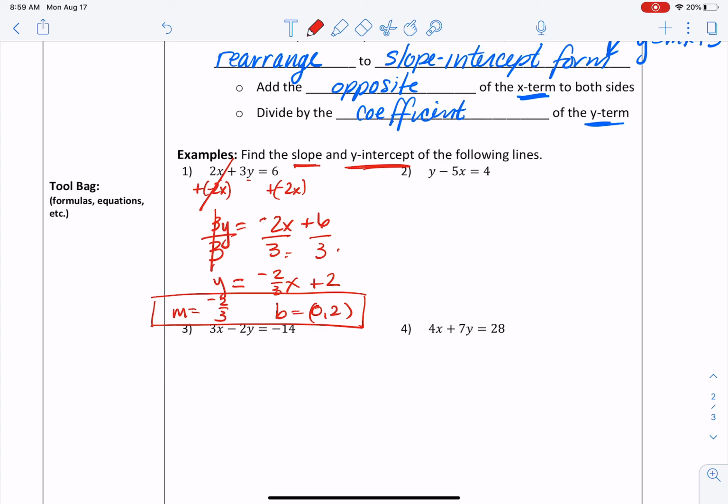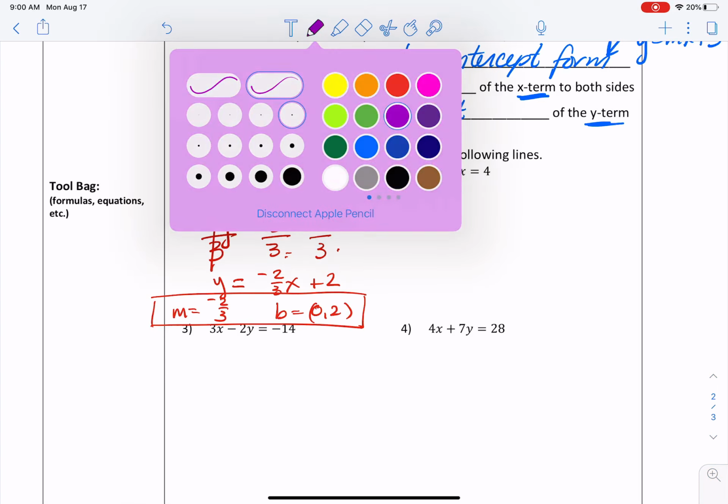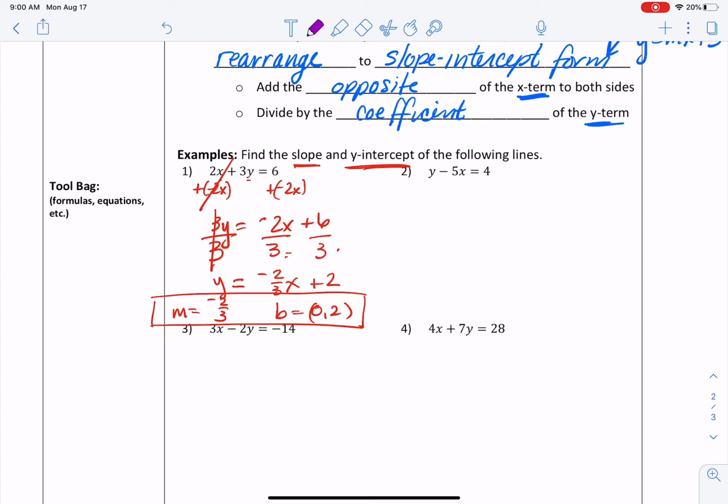That's going to look like, let's do that again. So we're going to add the opposite of the term. So plus a positive 5x, plus positive 5x. I'm just being extra careful with my symbols so that you can see what I've done.